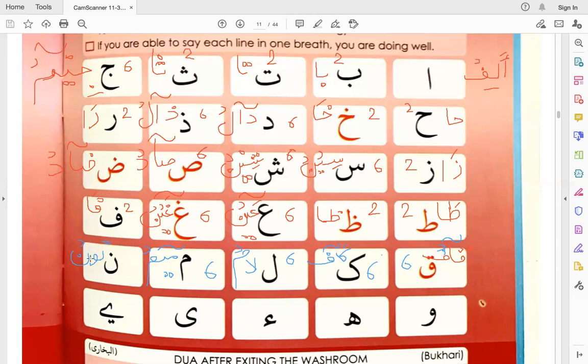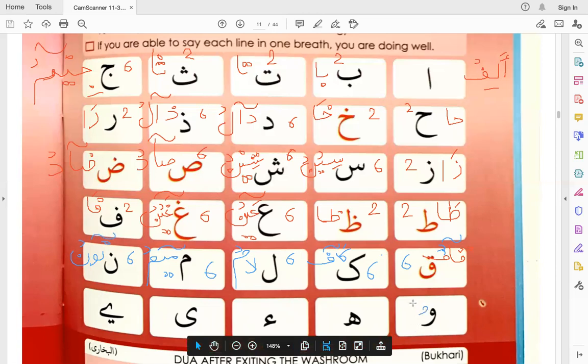Whenever this combination comes, you stretch it more than two. We are stretching it six haraka, because the names of the letters are to be stretched six haraka. Noon, and there will be tawassut at the end, because there is noon with sukoon.